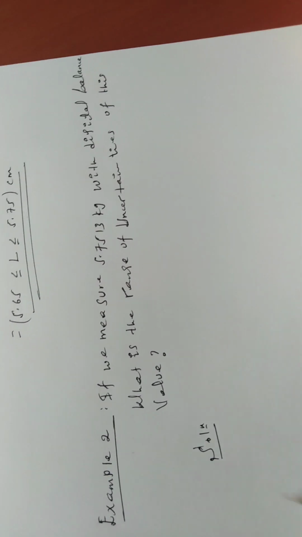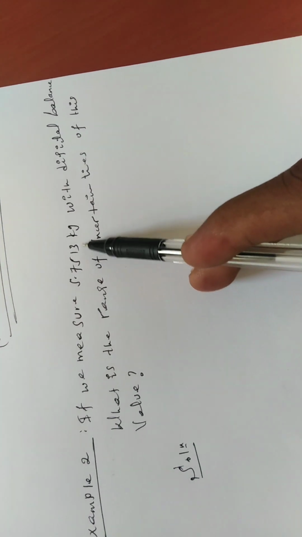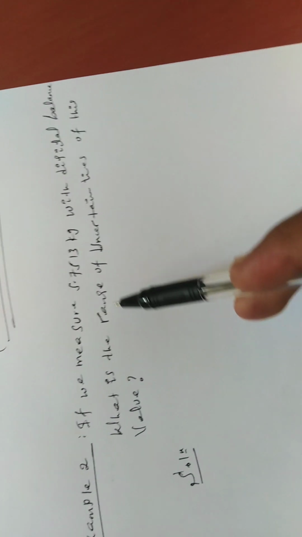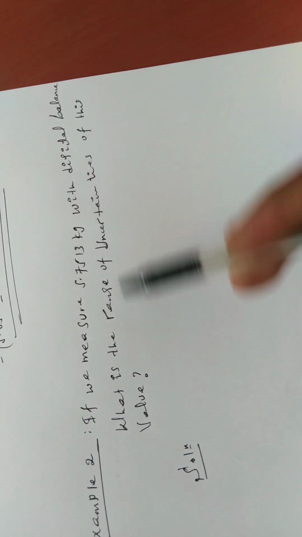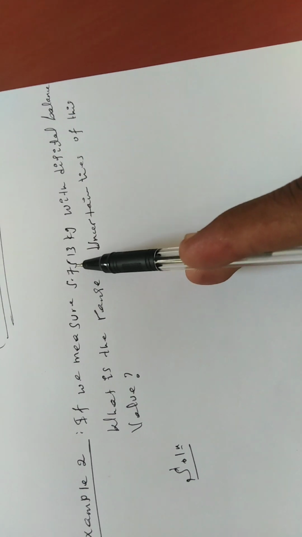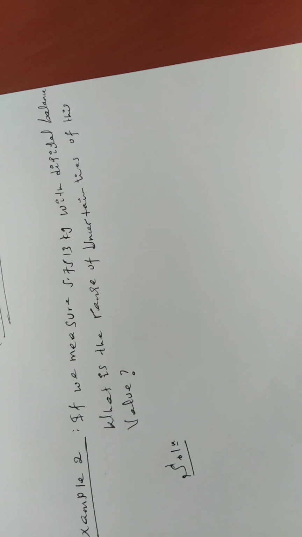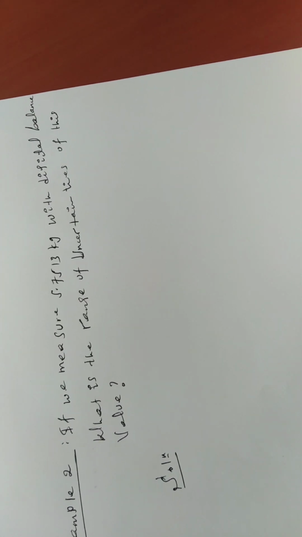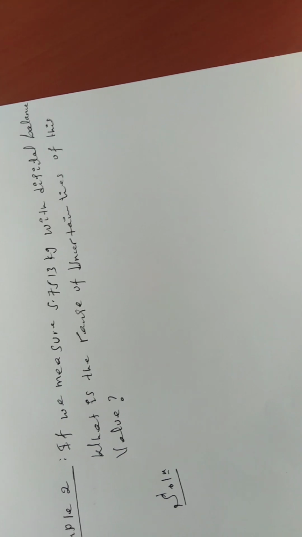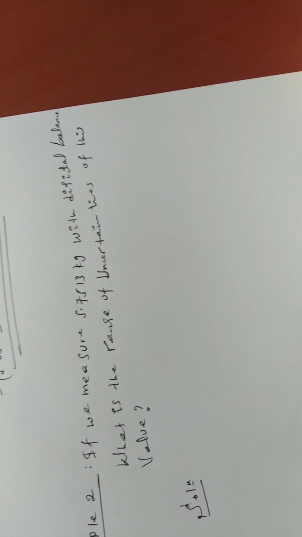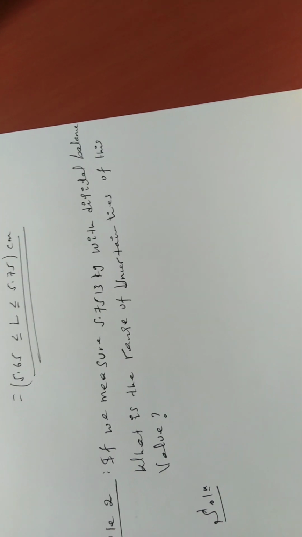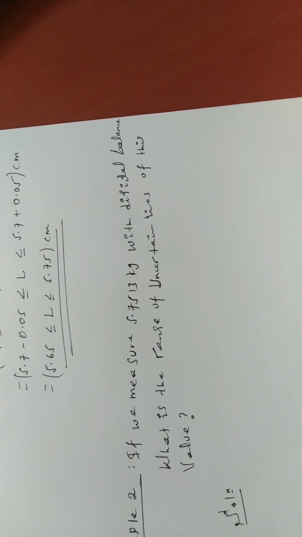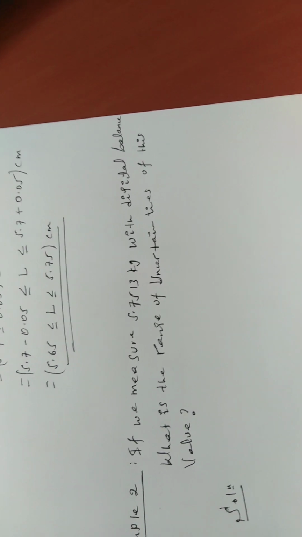The second example says, if we measure 5.7513 kilogram with digital balance, what is the range of uncertainty of this value? Range of uncertainty of 5.7513 kilogram. This is measured with digital balance, so it is a digital measuring device. What is the uncertainty for the digital measuring device? Let us remember it from yesterday's class.